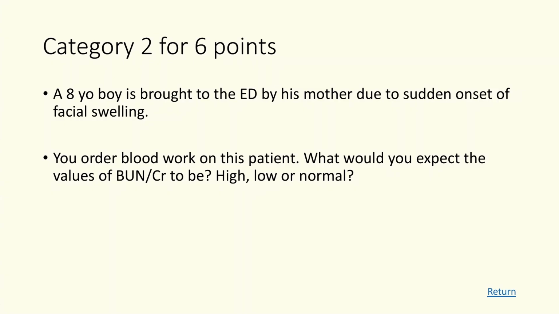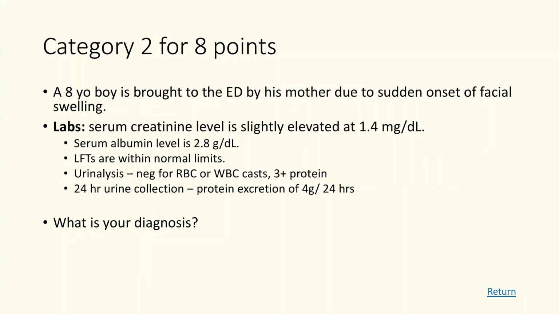So you order blood work on this patient. What would you expect the values of the BUN and creatinine to be? High, low, or normal? Okay. It'll be high. Could be like 1.4. Okay, so the labs come back. Serum creatinine level is slightly elevated, 1.4. Albumin's 2.8.